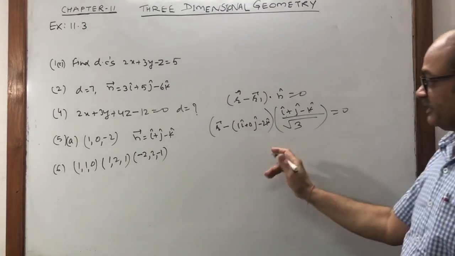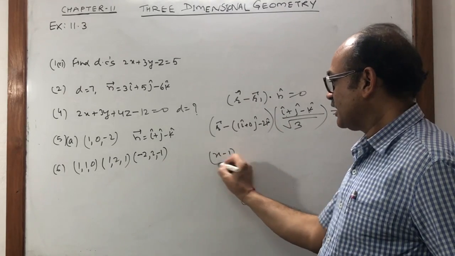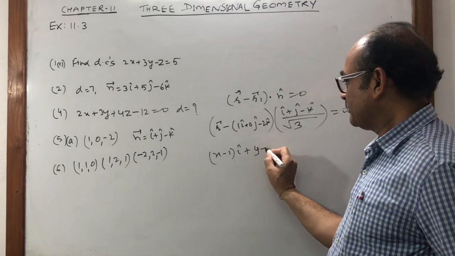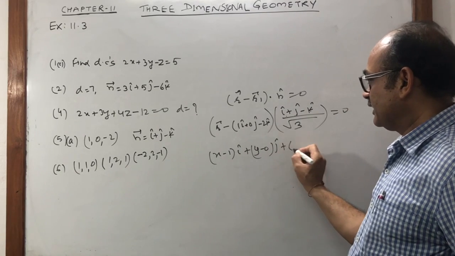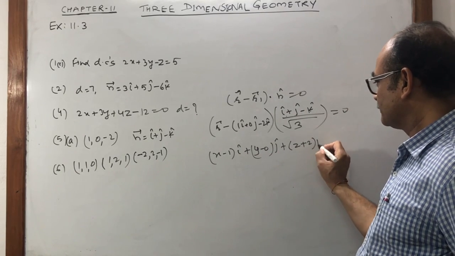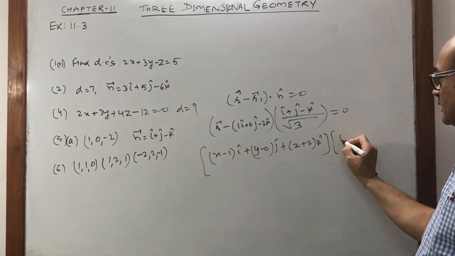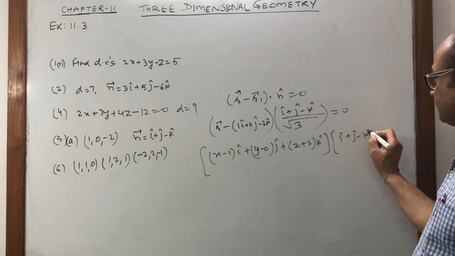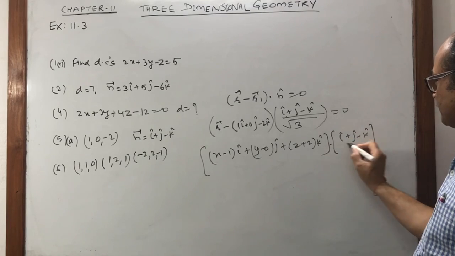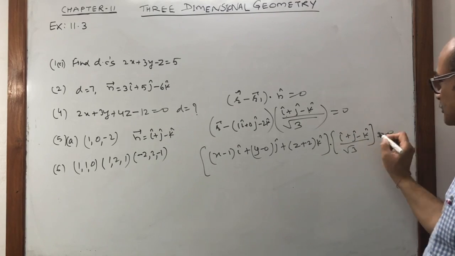So we can write x minus 1 i, y minus 0 j, and z plus 2 k dot with i plus j minus k, divided by root 3 equals 0.